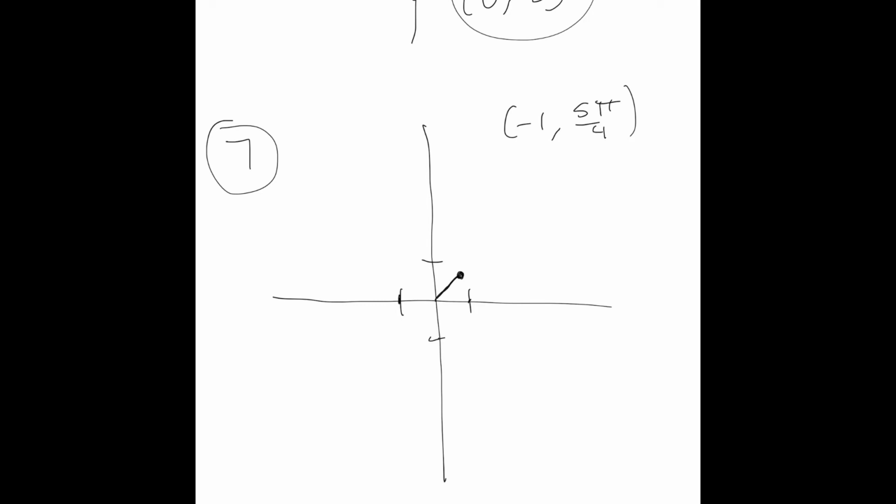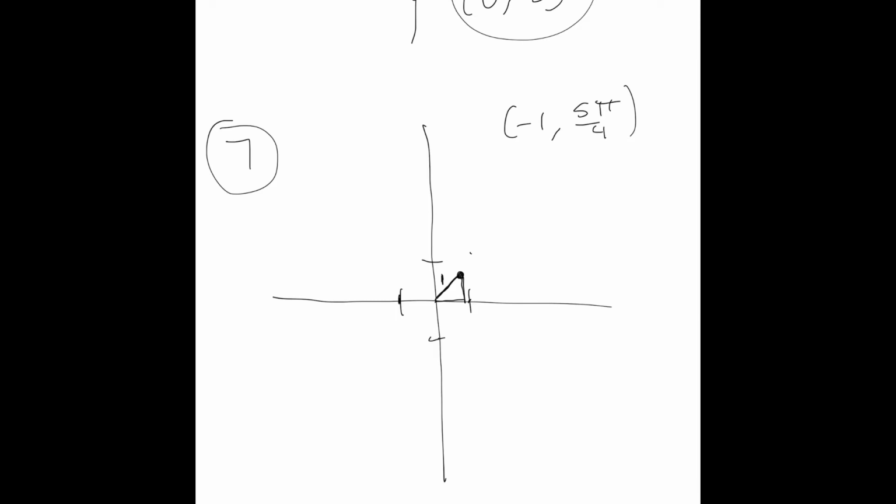We know that the radius is 1, and it is in one of those pi over 4 positions. That's a 45, 45, 90 triangle.